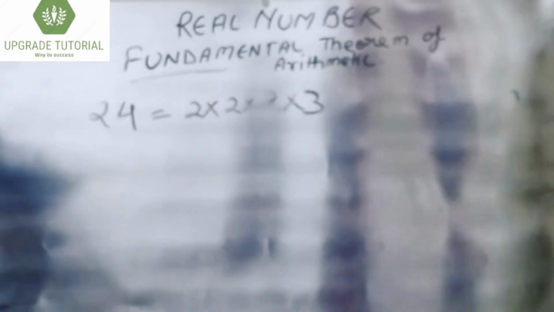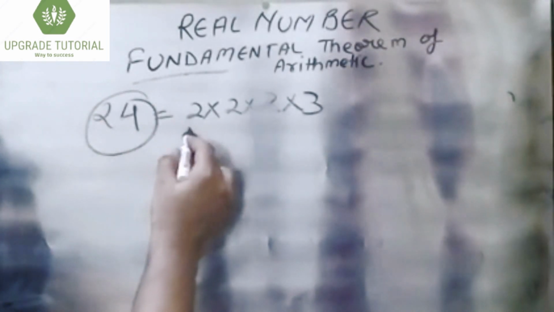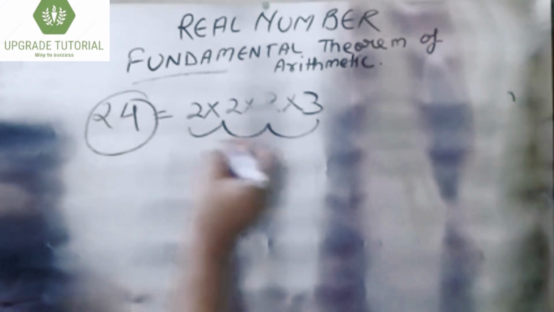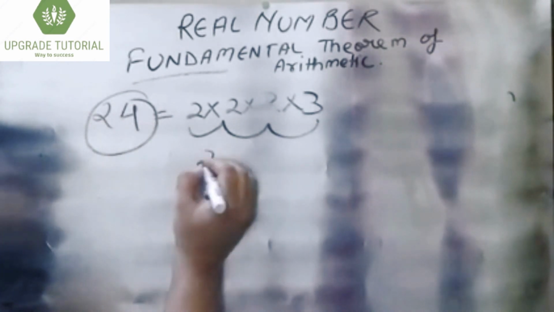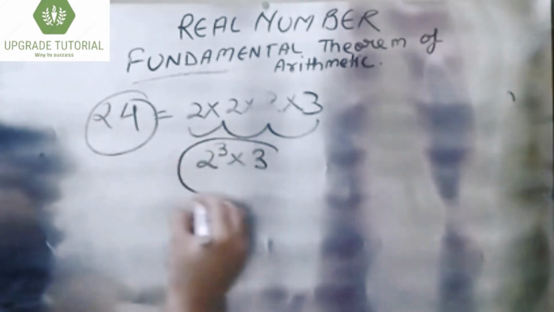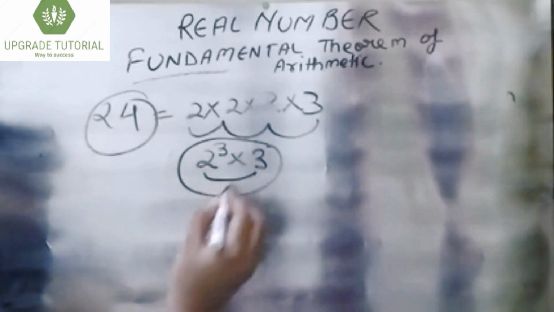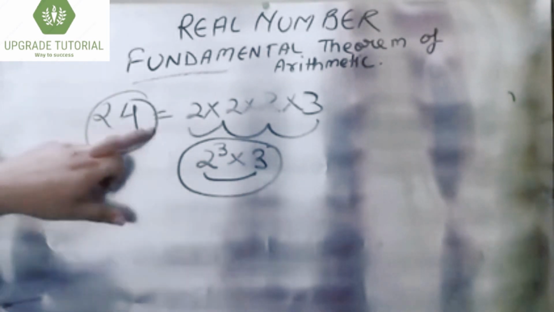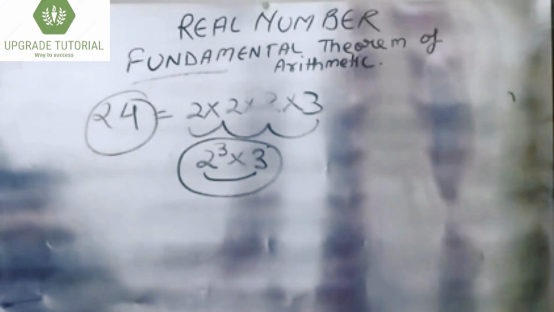Unique means there is no other way to write 24 except using these prime numbers. There is only one way to write 24: 2 to the power 3 into 3. These two prime numbers are used for writing 24, the prime factorization of 24.